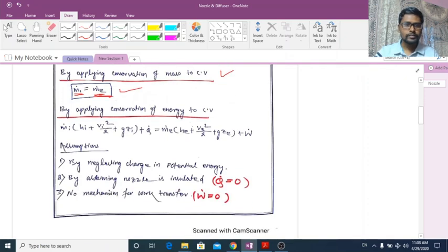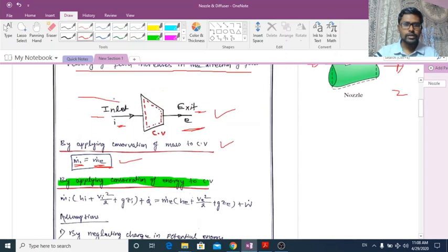Now if I apply conservation of energy to the control volume, the rate at which energy will enter into the control volume is the same rate at which energy will leave from the control volume, as it is a steady flow device.